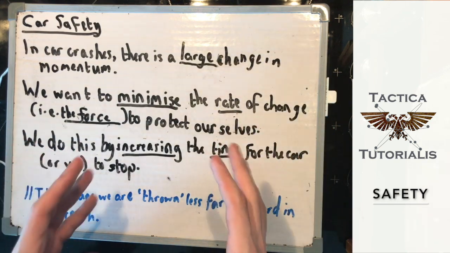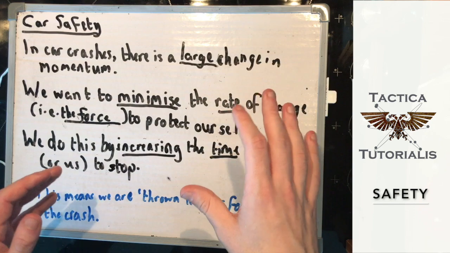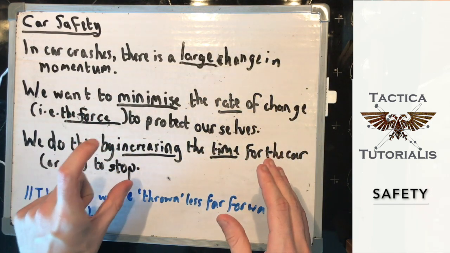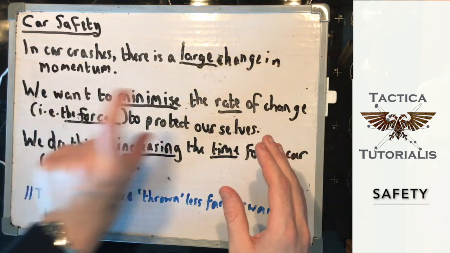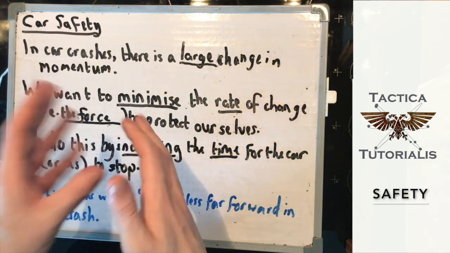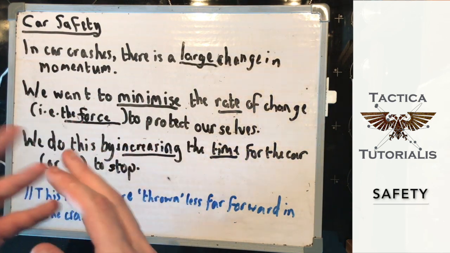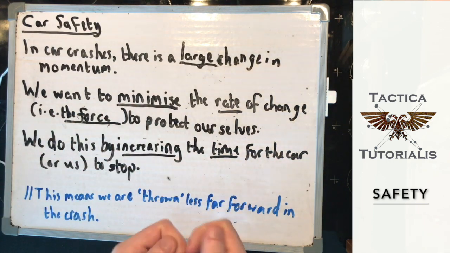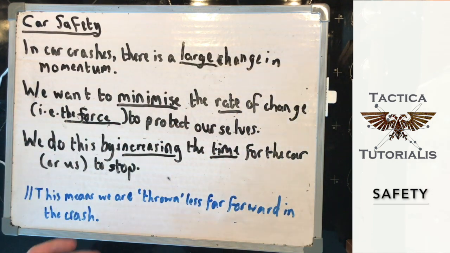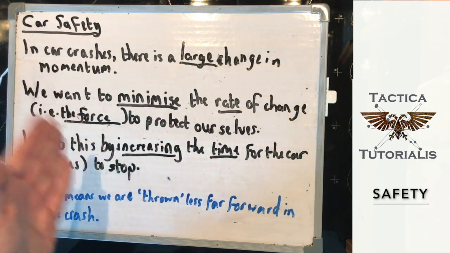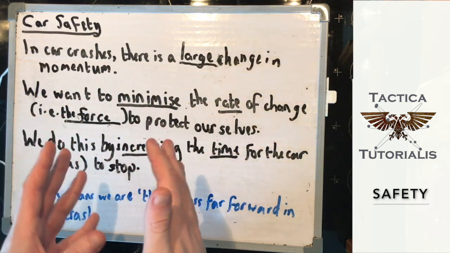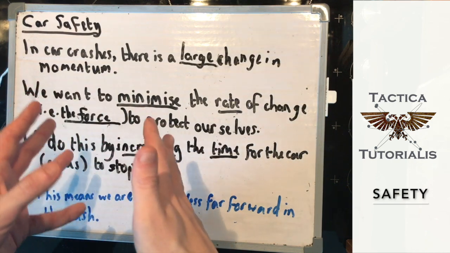So what happens when the car crashes is that its momentum starts to change and is reduced. Your momentum sat within the car does not, and you carry on going forwards because Newton's first law says so. You are not subject to any force at this time, so your state of motion cannot change. You keep going forwards until you bang into something, and then you slow down. Usually that's the seatbelt, unless you've forgotten to put your seatbelt on or your seatbelt breaks, which very rarely happens.